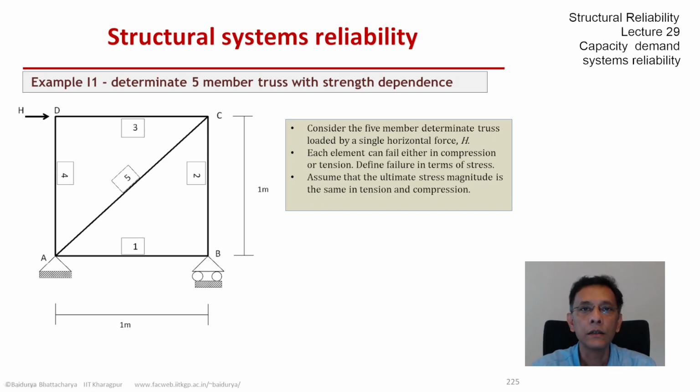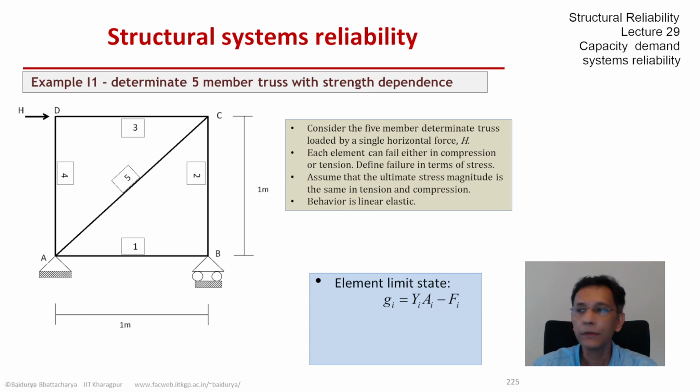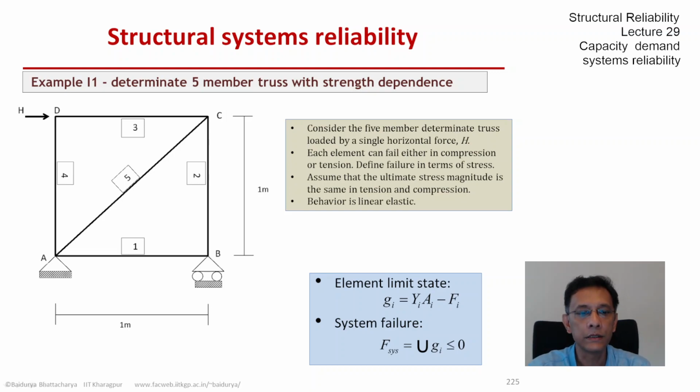The stress magnitude in failure, whether in tension or compression, is the same, and the behavior is linear elastic. So it's as simple as things can get. The element limit state is yield times area minus the member force, and the system limit state, the system failure, is the union of these element failures.